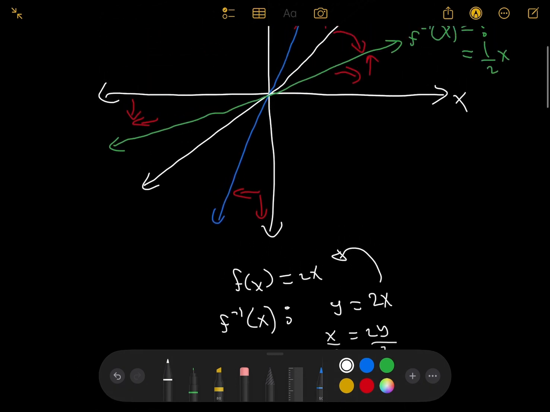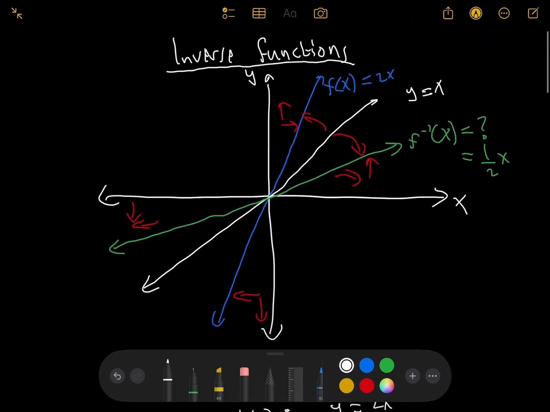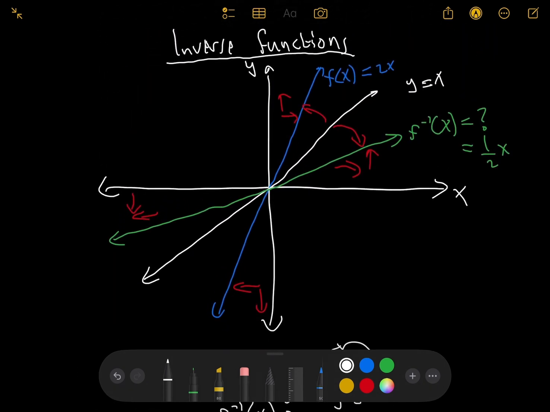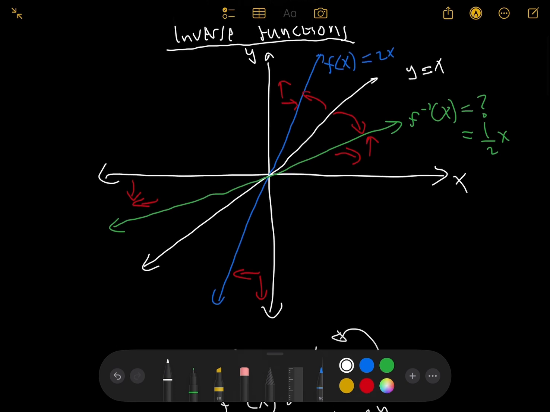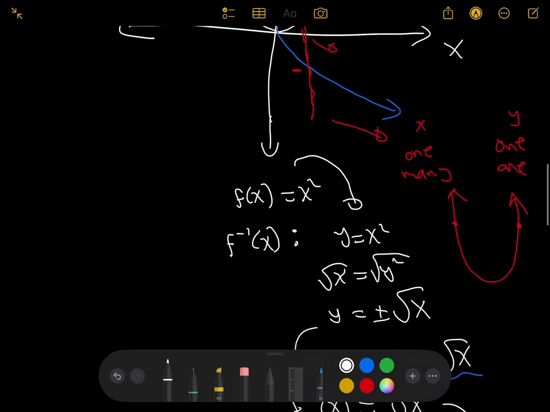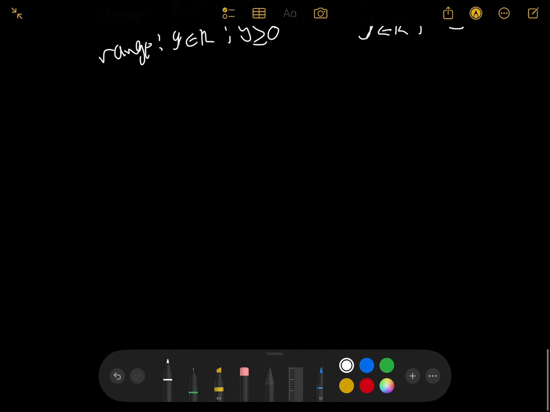Let's go back to the inverse function. For the inverse function, how can we be sure that, given f of x and its inverse, the inverse really is its inverse? Let's say we are given the graph of f of x as 2x.